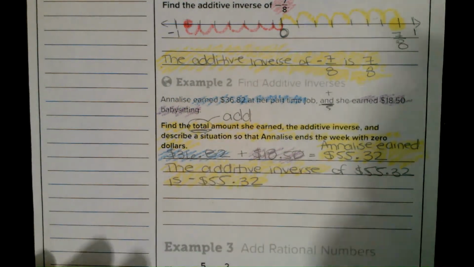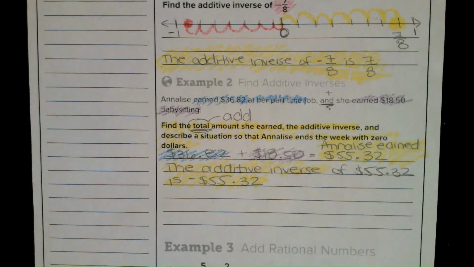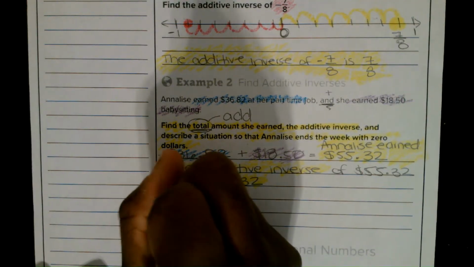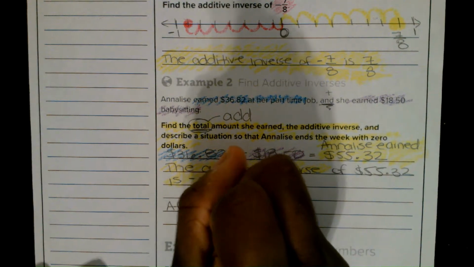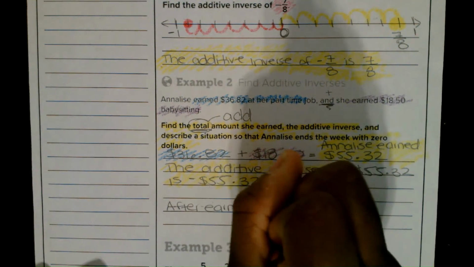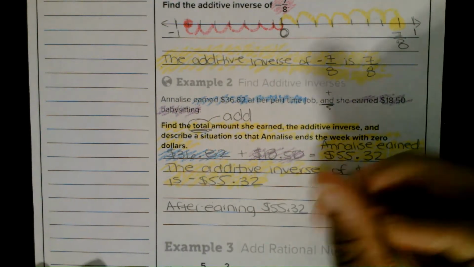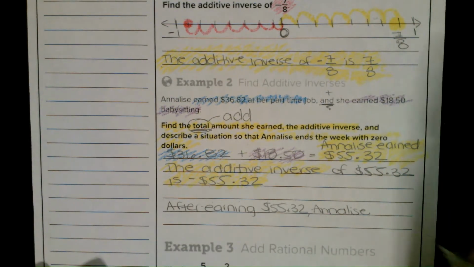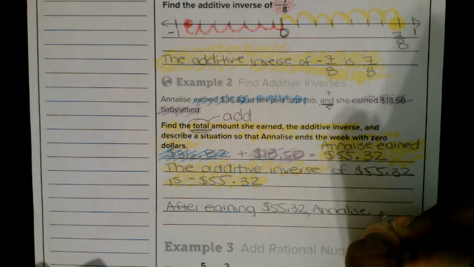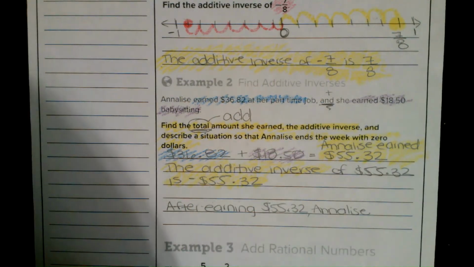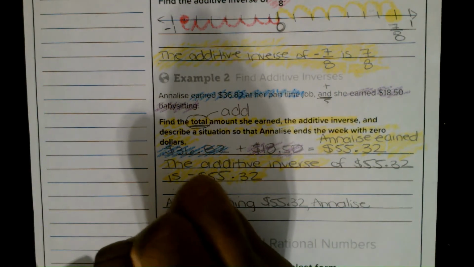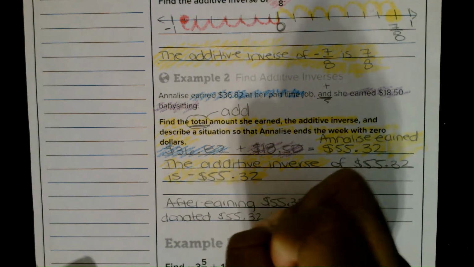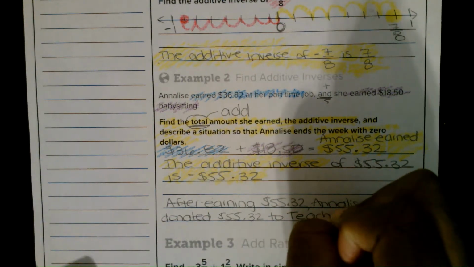So for this scenario, I'm going to say that after she earned the money, I'm going to say Annalise, after earning $55.32, Annalise donated $55.32 to Teacher Appreciation Week.